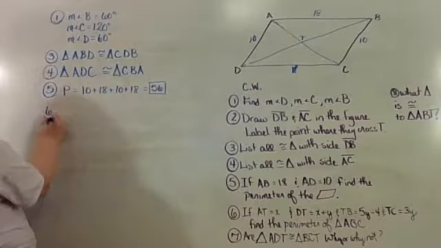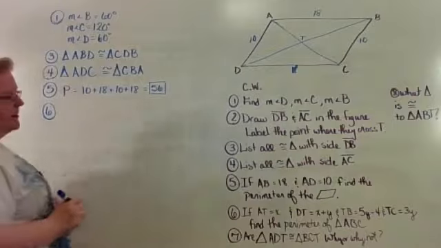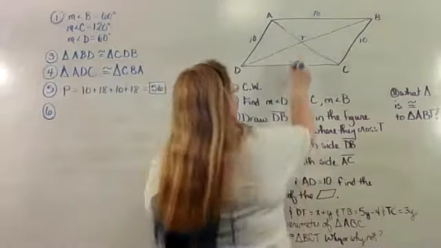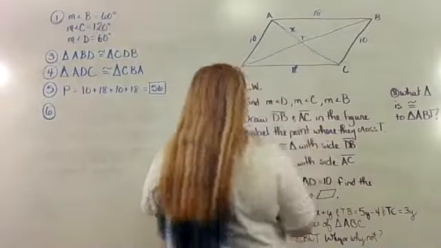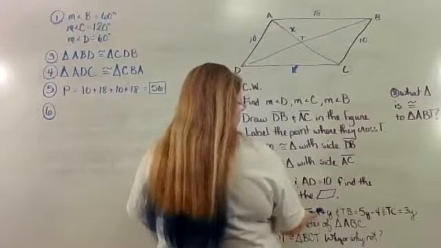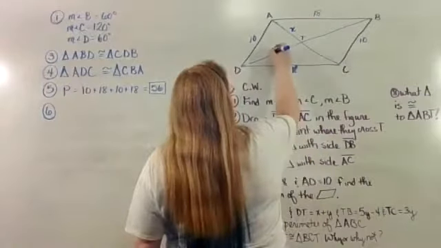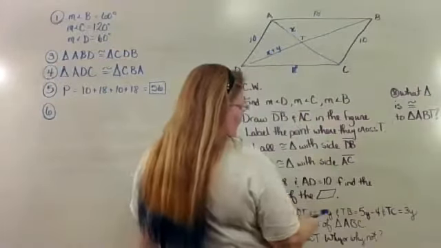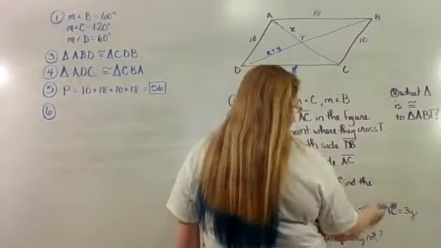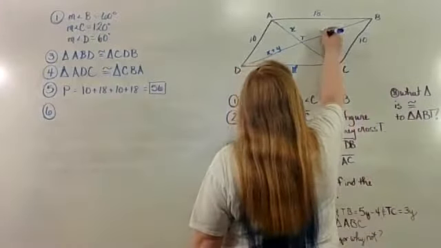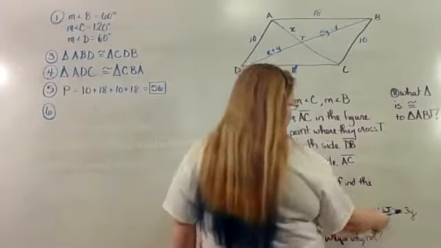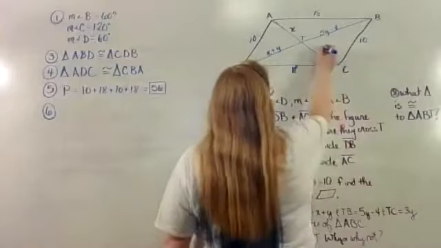And then for number 6, we actually got some real work to do now. They say AT is x. They say DT is x plus y. They say TB is 5y minus 4, and that TC is 3y.